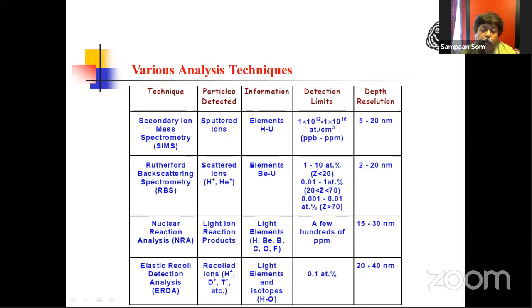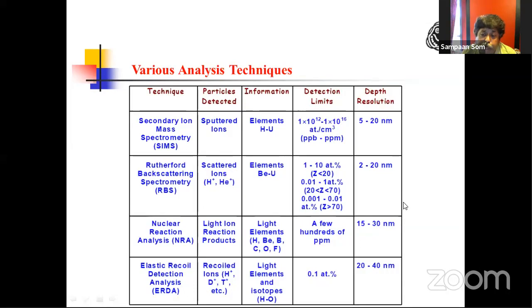And now, as Z tends towards 20, even a lower atom percent presence is okay. Like 1 atom percent would be valid for a Z value around 19 or 20, whereas 10 atom percent will be needed to detect if the Z value is approaching 4, 5, like that. And the higher the Z value, you can clearly see that you can go down much more. For Z greater than 70, even 0.001 atom percent presence is absolutely a reality.